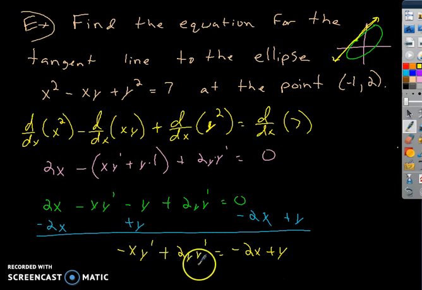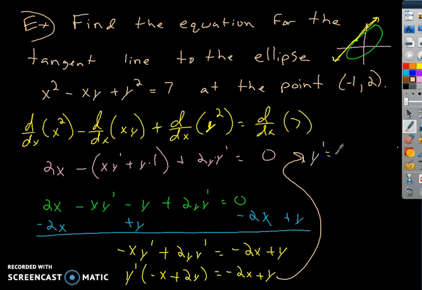Now, since both of those have a common factor of y prime, I can factor out a y prime and call this y prime times negative x plus 2y equals negative 2x plus y. And our final step, we divide by this parentheses, so y prime's alone. So I'm going to use some space above to do that. So y prime equals negative 2x plus y divided by negative x plus 2y. So that's the slope at any point.